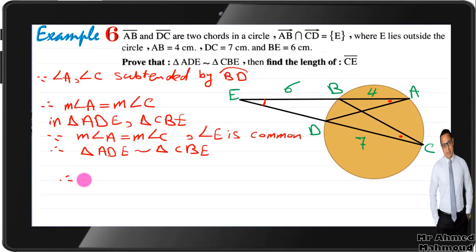Therefore, the proportion: AD over CB equals DE over BE equals AE over CE.